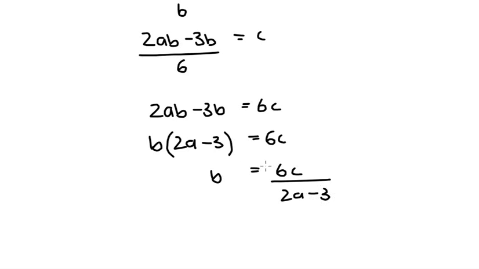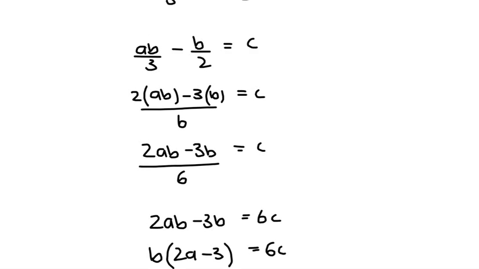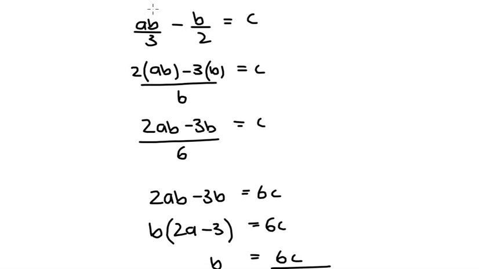So b is equal to 6c over 2a minus 3. So just make a note that when you start off with something that has two terms that contain the subject, you're going to need to factorize along the way. So you want to get them on the same side, factorize to get b by itself, and then it's easier to make b the subject.